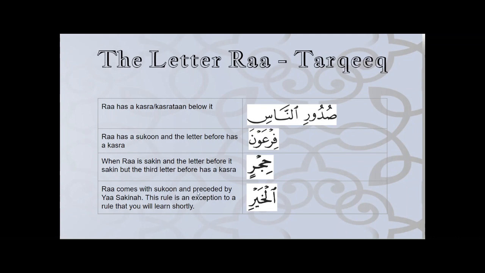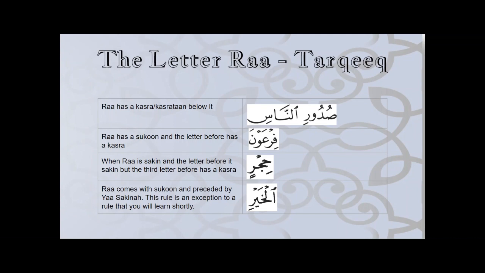The next rule for tarqiq is when the ra sukoon is preceded by a ya sakin. So, for example, this is al khair, al khair. Now, we're not saying al khairi because we're stopping, so we're just treating the ra as sakin. The word is al khair, but this rule is an exception.